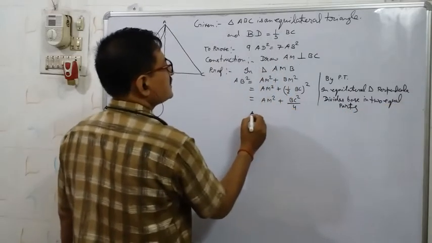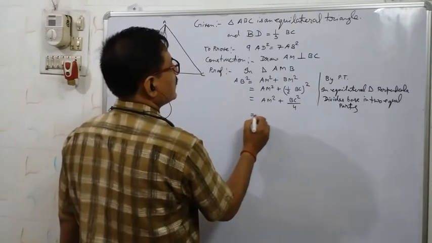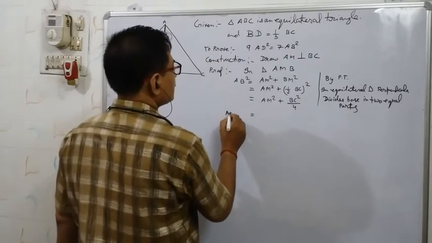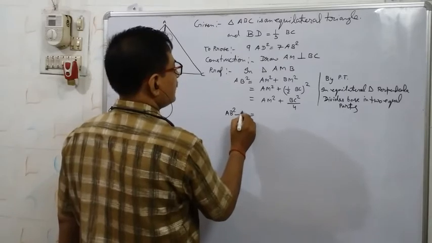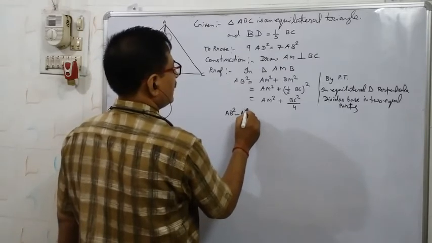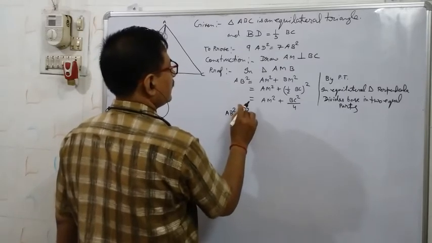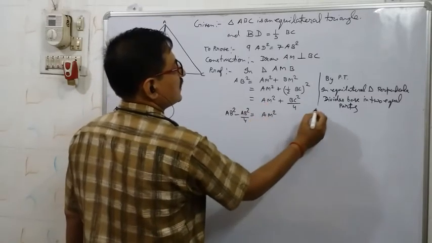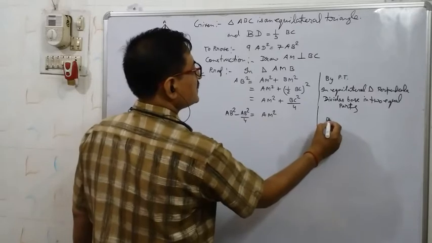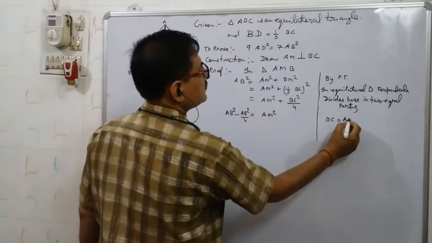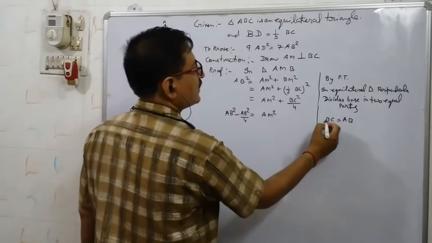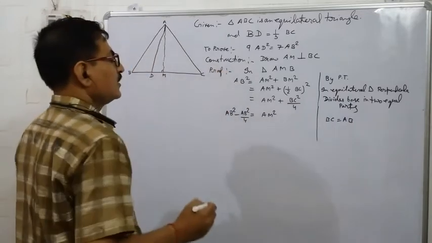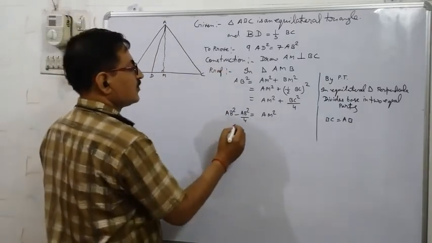In place of BC, we can write AB, because this is an equilateral triangle, so all sides are equal. So AM square equals AB square minus AB square upon 4.